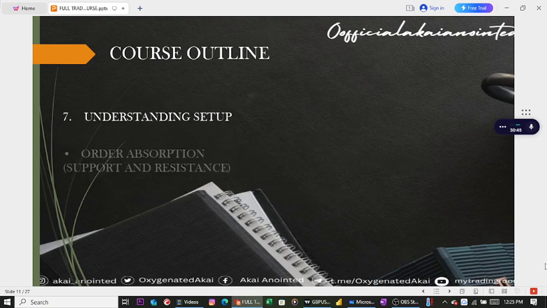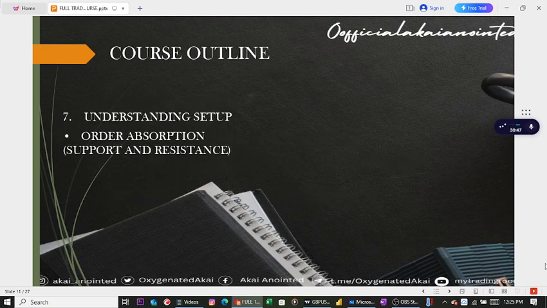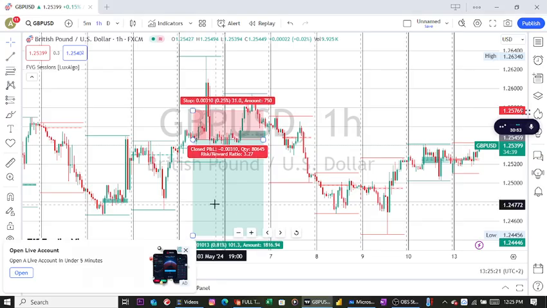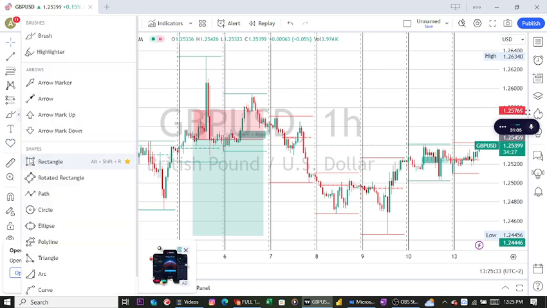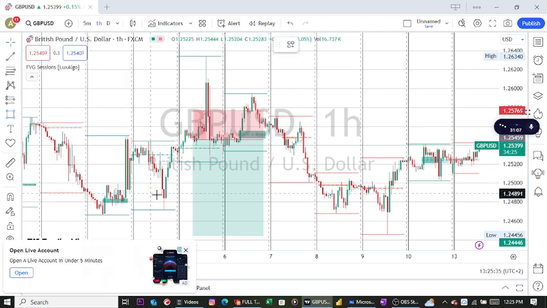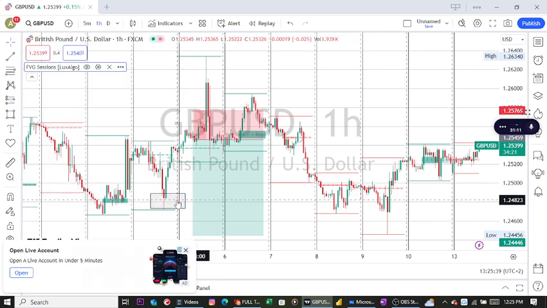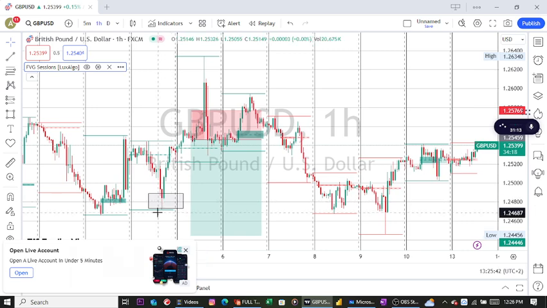Now, understanding setups, we have absorption, and we have support and resistance. Support is the down part of the chart, when one or two candles come together in the down part, they form a support.